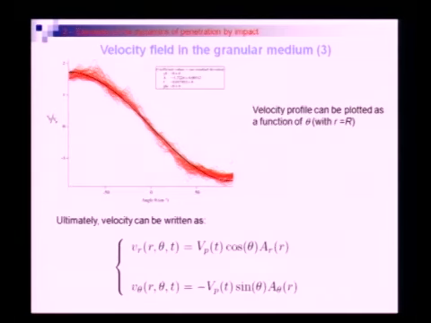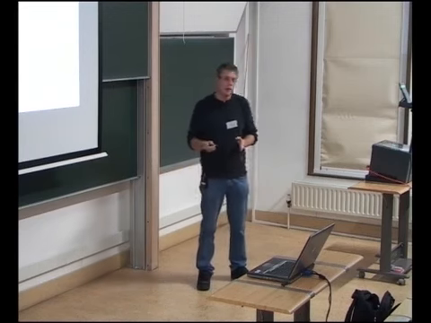So I decided to model it by a sinus. Here it's the azimuthal component. That means the azimuthal component can be written in this form: velocity of the projectile times sin theta times an amplitude function of r.